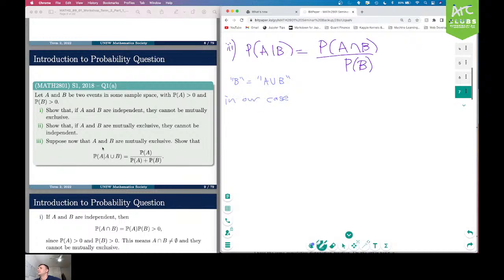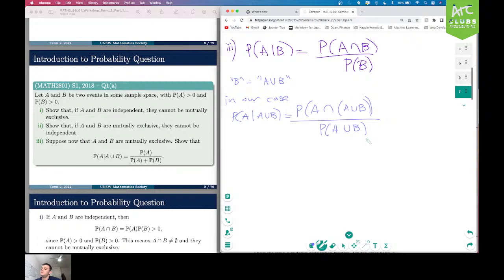And so what we get in our case is as follows. The left-hand side is the probability of A given A union B. And that's going to be equal to, well, wherever we see B, we just sub in A union B. So the probability of A intersect, now B is A union B, over the probability of B, but B is really A union B, like that.